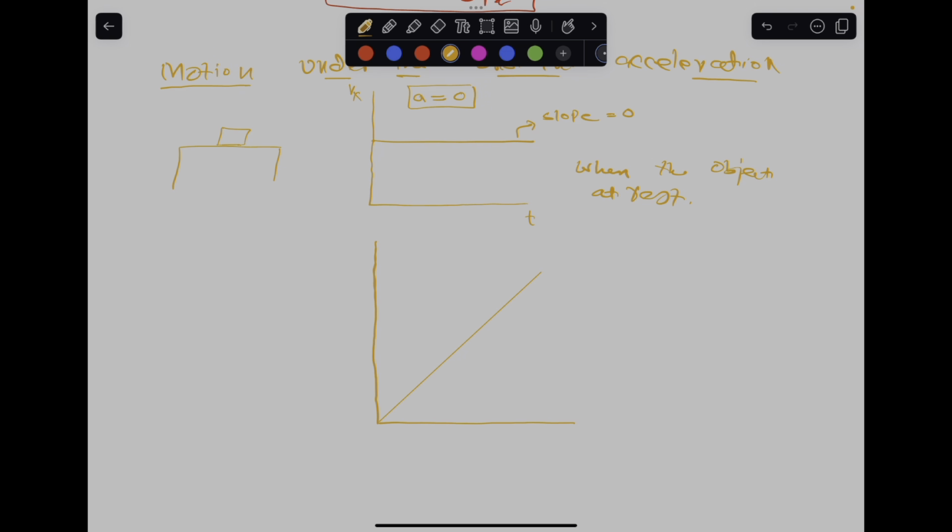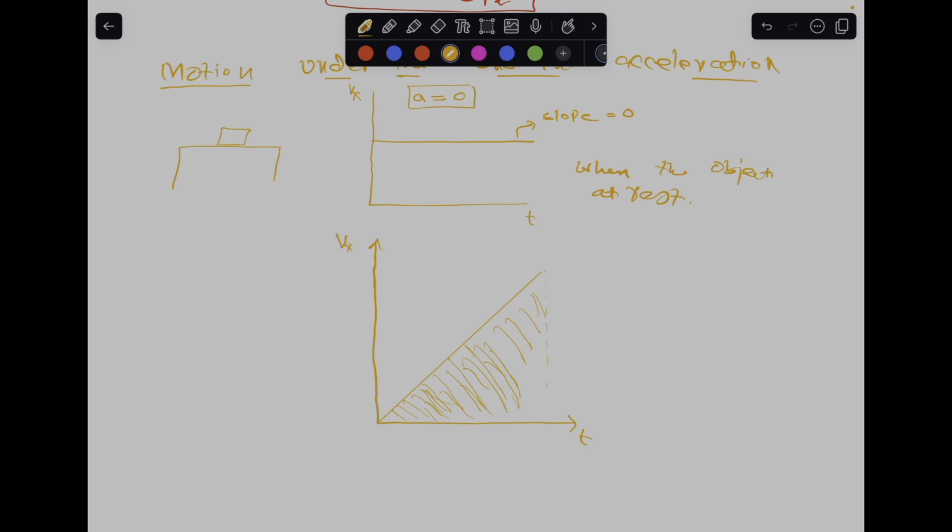Like that. So this is your time axis. This is your velocity axis, and the area under the curve looks like a triangle, so you can calculate its area.